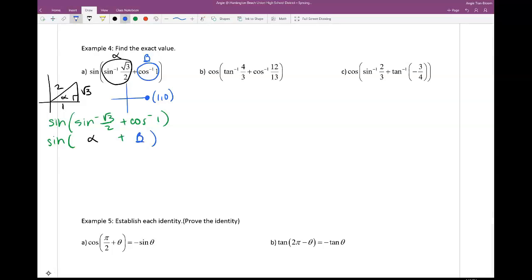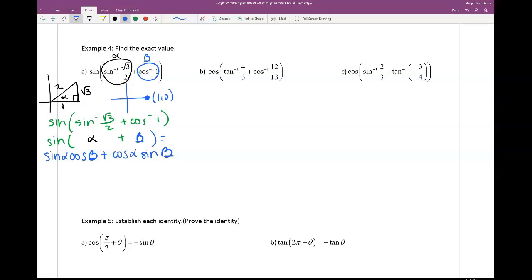Okay, what's the identity? Can you help me write that out? Sine of alpha, cosine of beta. Good, so far so good. Plus cosine of alpha times sine of beta.